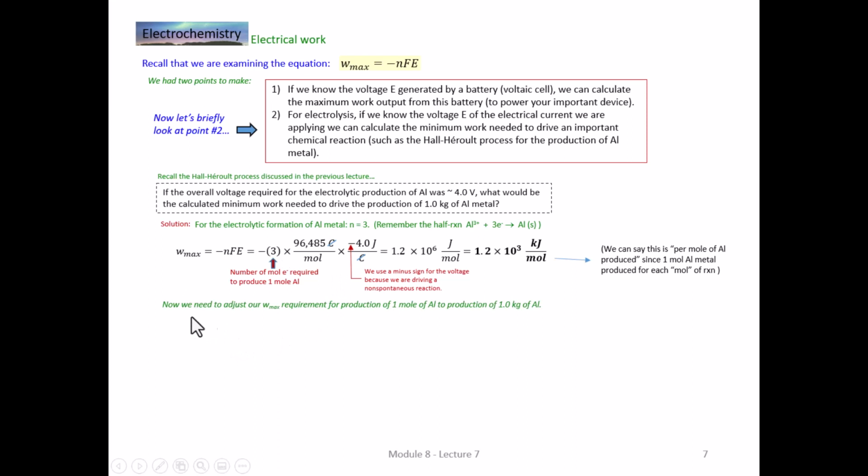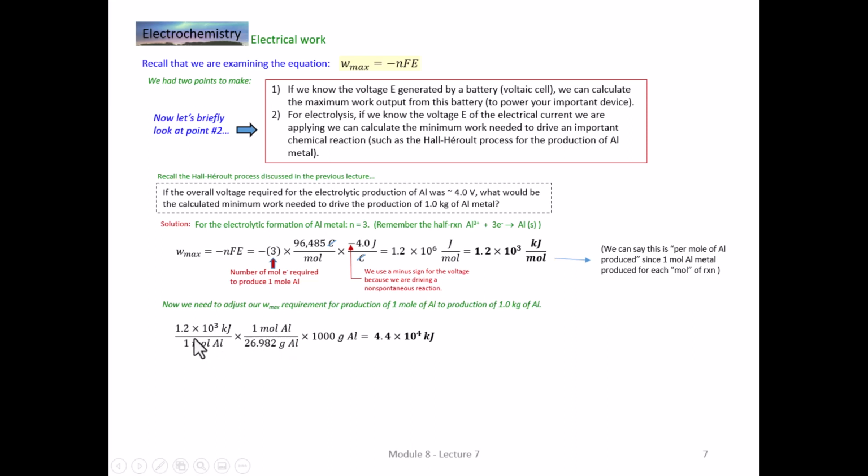So let's adjust our W max from 1 mole of aluminum to a kilogram of aluminum. We can do that by taking 1.2 times 10 to the third kilojoules per mole of aluminum and multiplying by the fact that 1 mole of aluminum is 26.982 grams of aluminum.